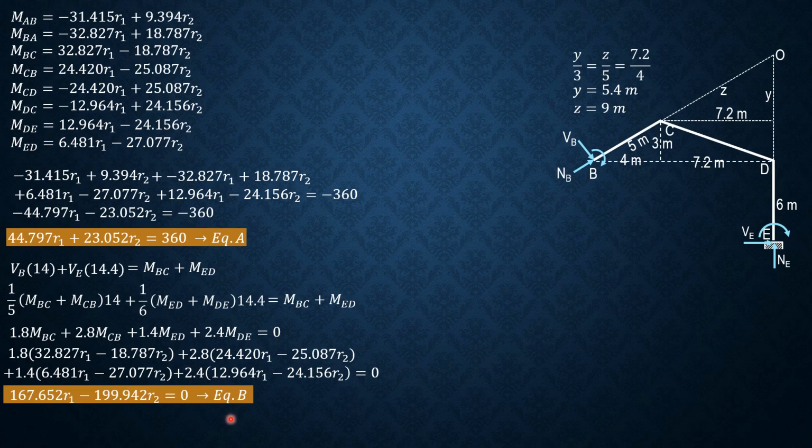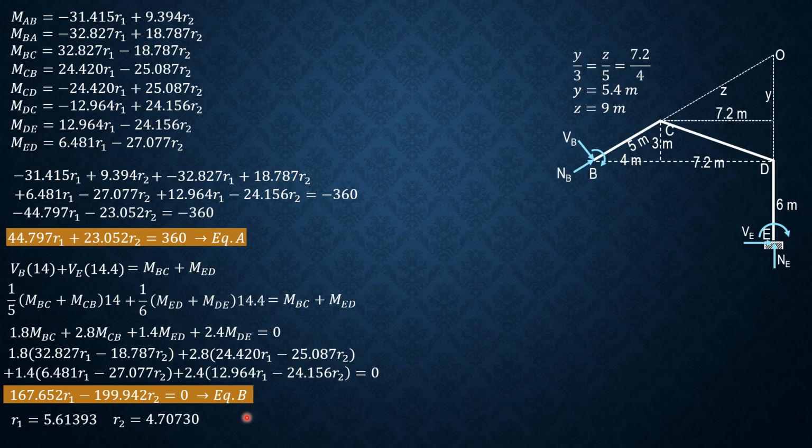Combining like terms, then simplifying, 167.652 R1 minus 199.942 R2 equals 0. Call this equation B.